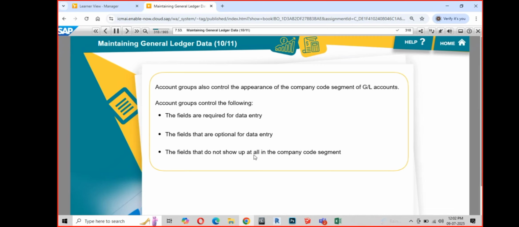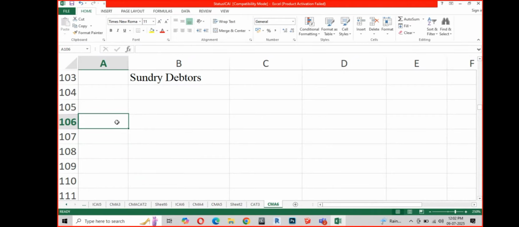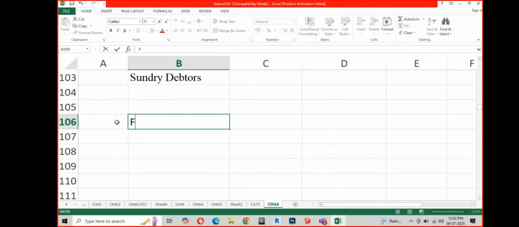How is it being done? It is through a concept called the field status variant.